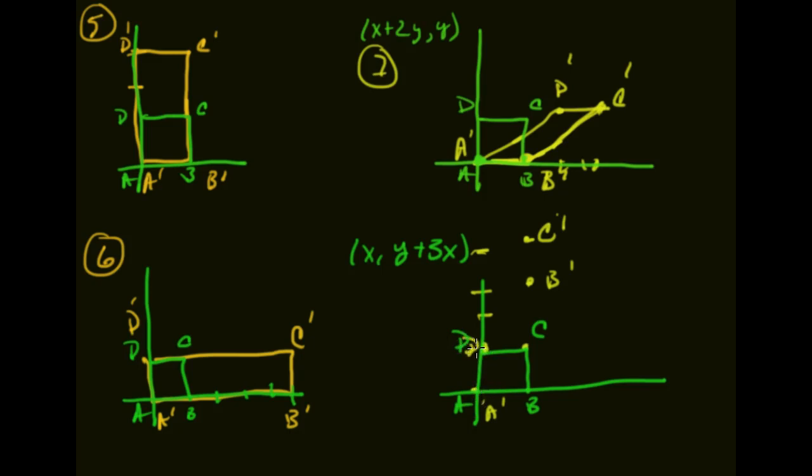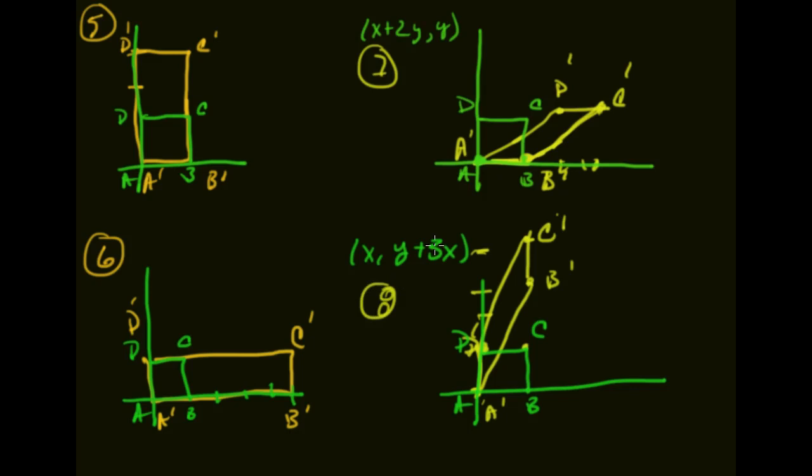So that's D prime. And that's kind of an ugly drawing there. Let's fix that a bit. There we go. And you get a parallelogram going that way off that shear. So that's problem number 8.